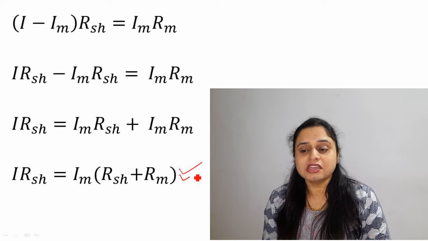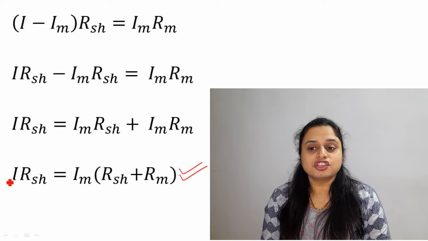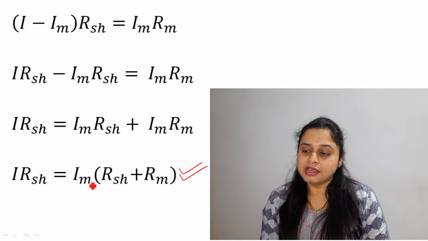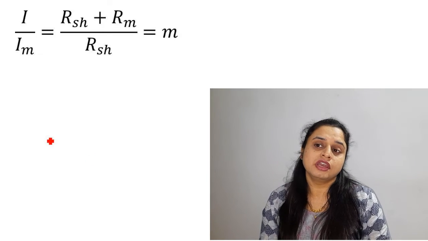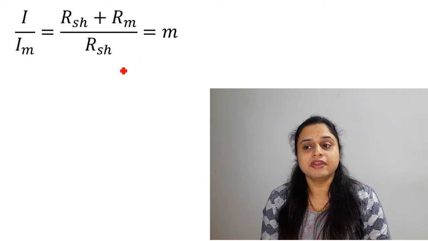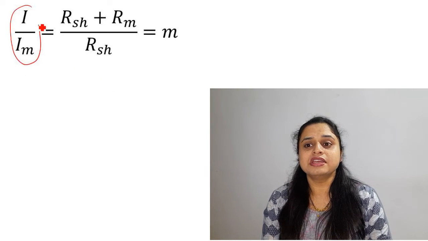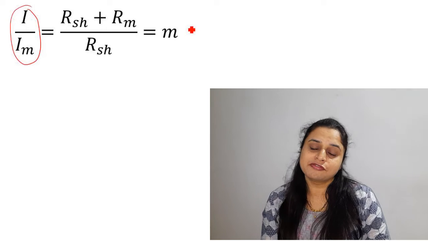Now from this equation, take the ratio of I by Im. So here we are taking the ratio of I by Im. Now you can get the formula as RSH plus Rm divided by RSH. We know that this I by Im is nothing but the multiplying factor.